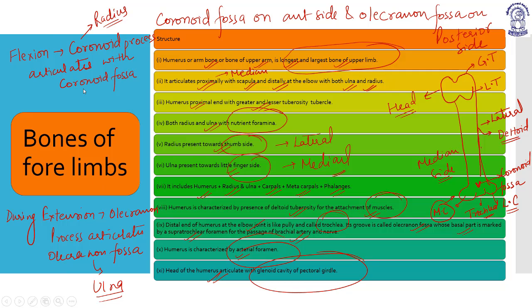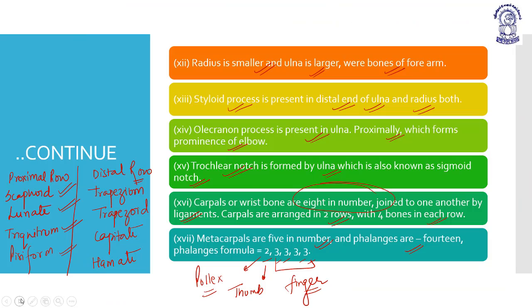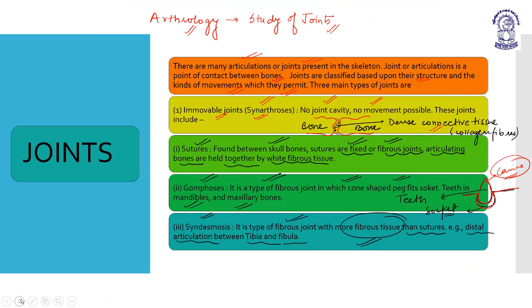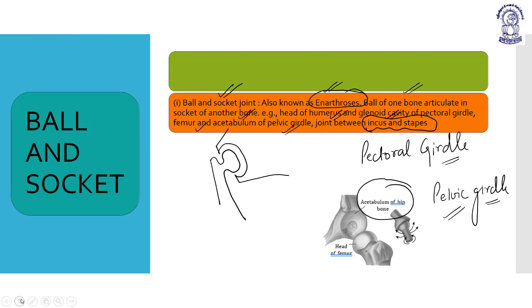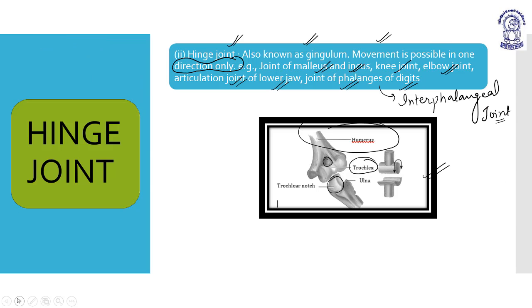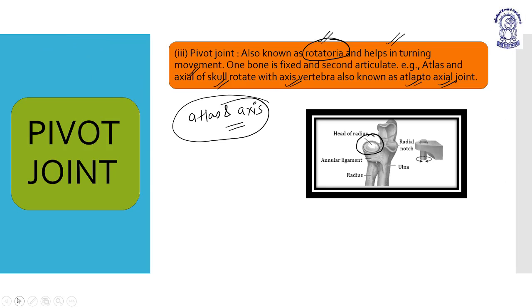Coronoid process articulates with the coronoid fossa. So pivot joint examples are the atlantoaxial joint and the joint between radius and the humerus.